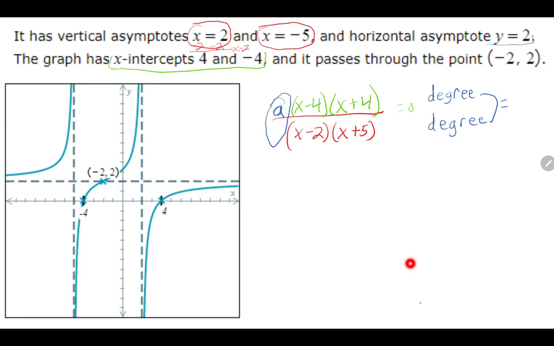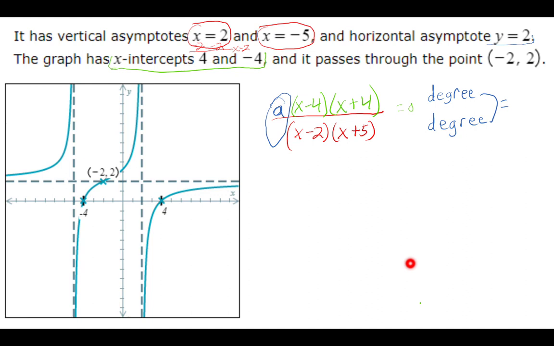And when I divide 0 by a, I still end up with 0. So to find the x-intercepts, I have to have y equals 0. Again, I don't need to actually calculate it. I'm using the critical thinking skills and the pattern recognition of what we've already been doing.